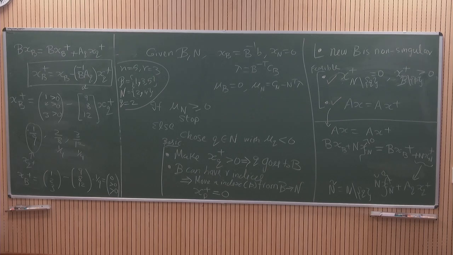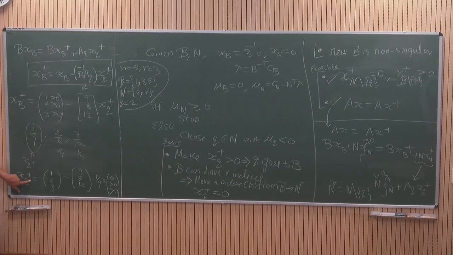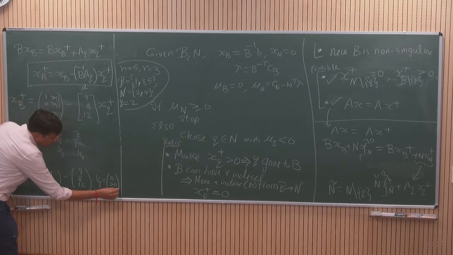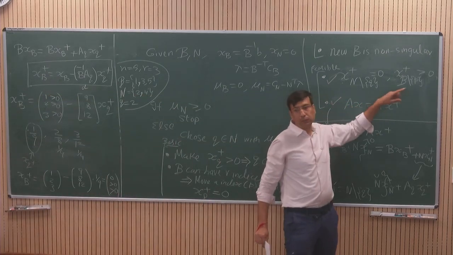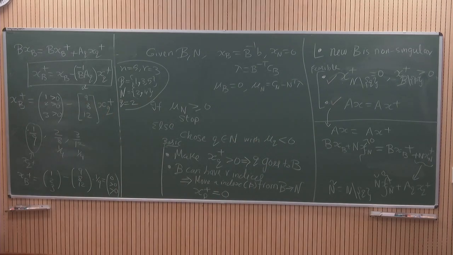What did we get? Beautiful thing. We were able to make one index of the xb plus equal to 0, which we wanted, and we were able to get the remaining two indices to be greater than 0, which we wanted. Yes or no?